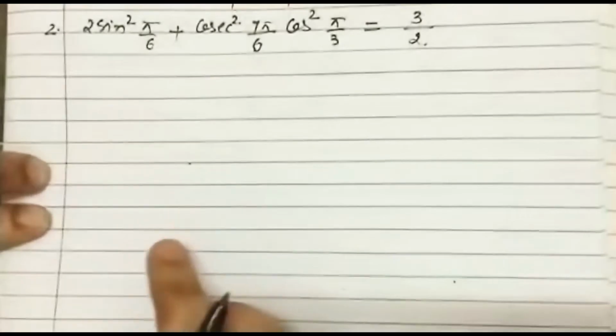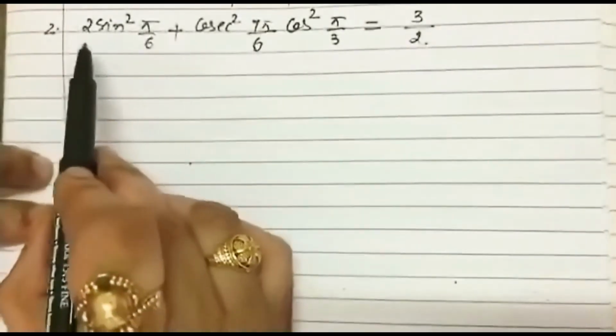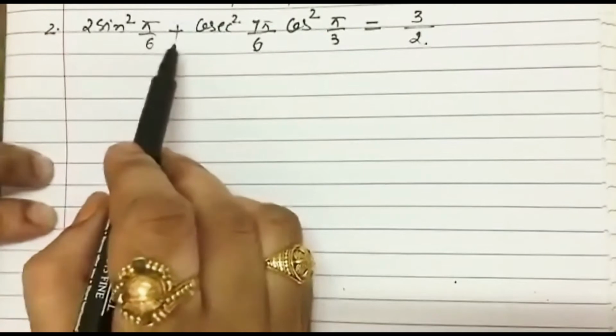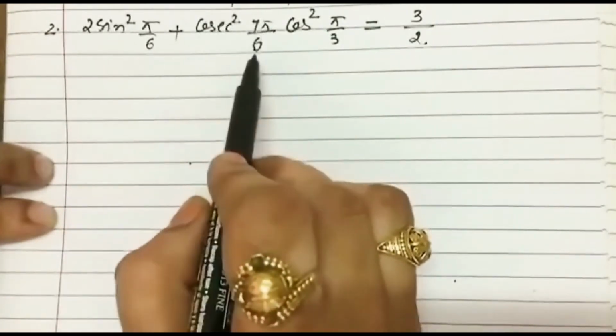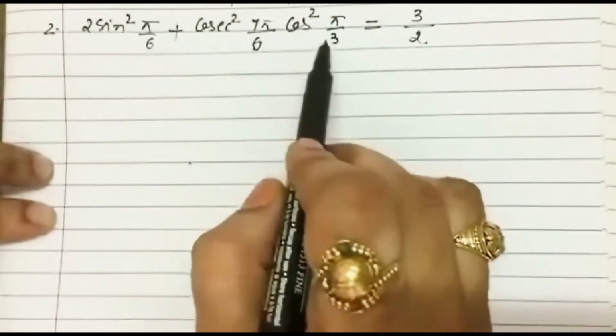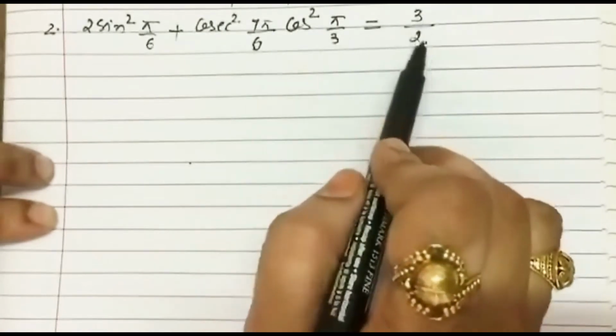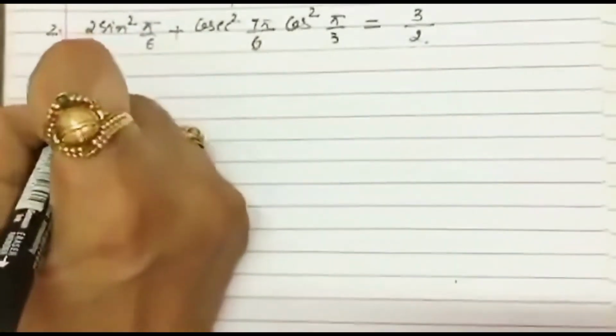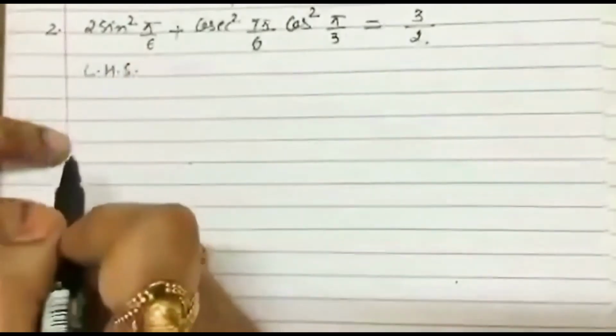So it's minus 1/2. Okay. Question number 2. It is 2 sin² π/6 + cosec² 7π/6 × cos² π/3 = 3/2. I am starting from the left hand side.